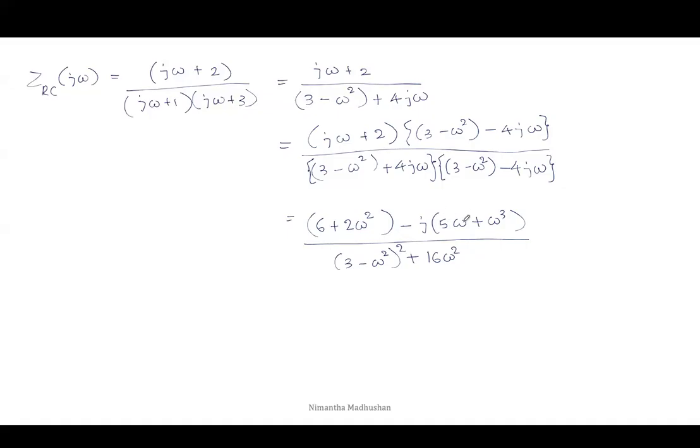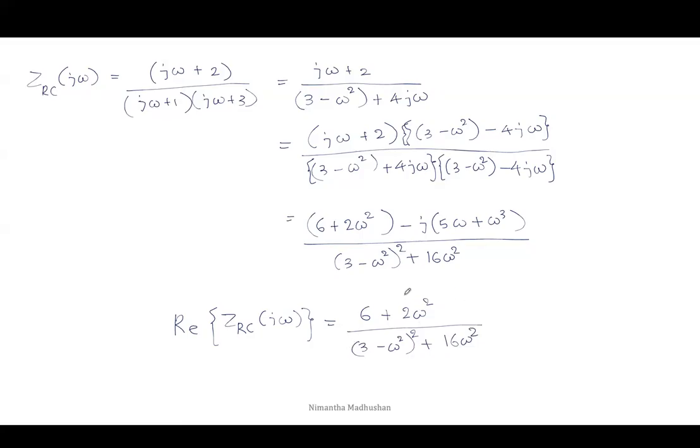This is the final answer when you solve this. If we consider the real part of Z_RC(jω), we get (6 + 2ω²) / ((3 - ω²)² + 16ω²).